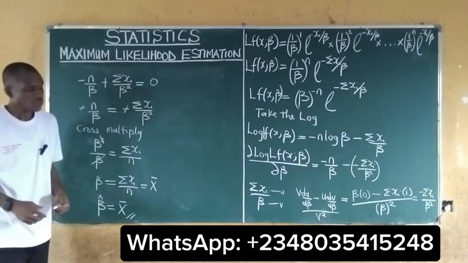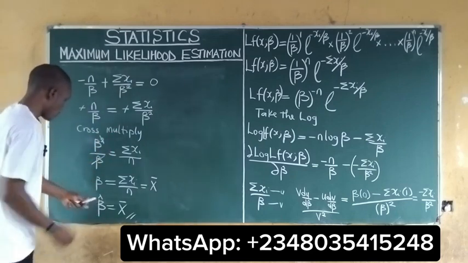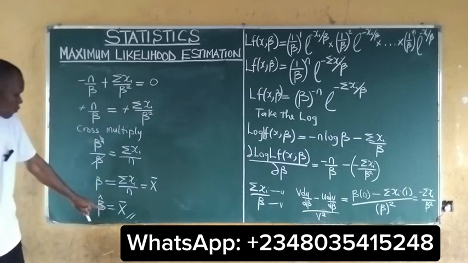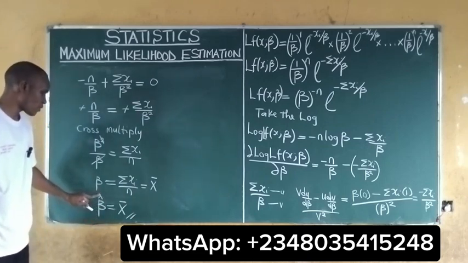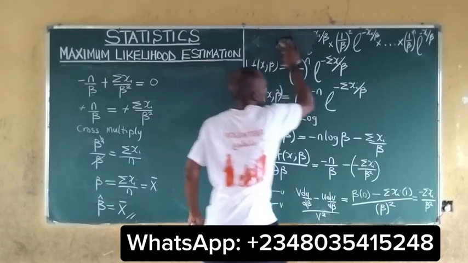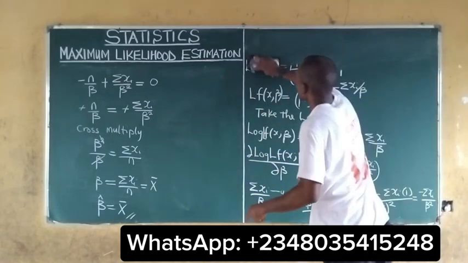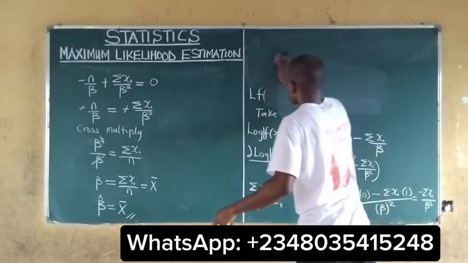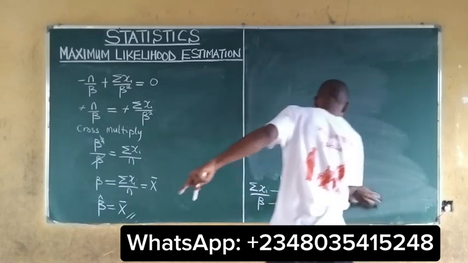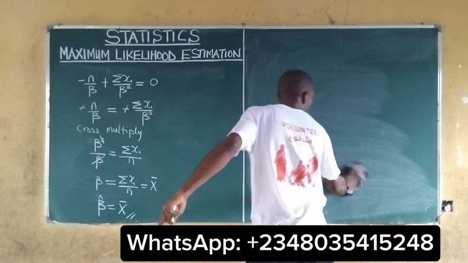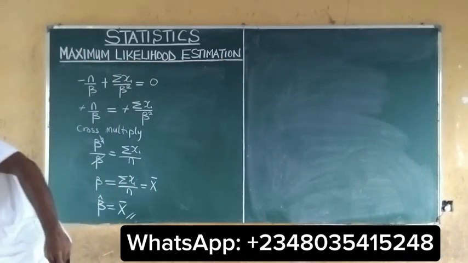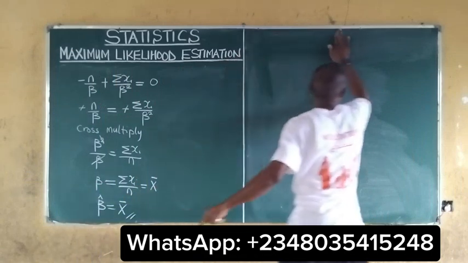The next thing to do is to make sure that this is an unbiased estimator. We are asked to show or prove that this estimator is unbiased.